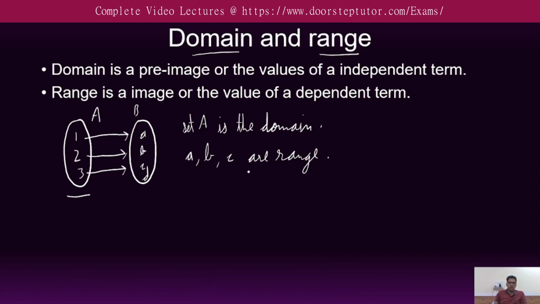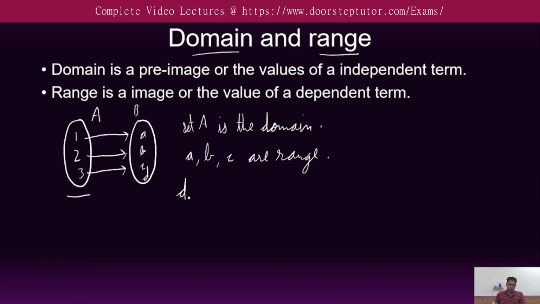Now you may have a question: why do we not include element D as a range? Because it does not have any pre-image in the set A. That's why it cannot be known as range.